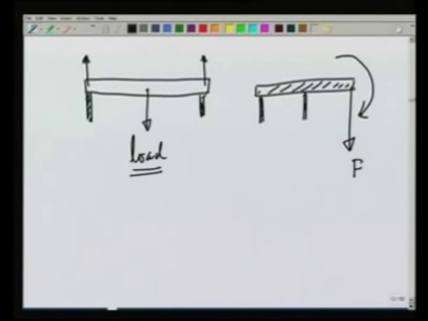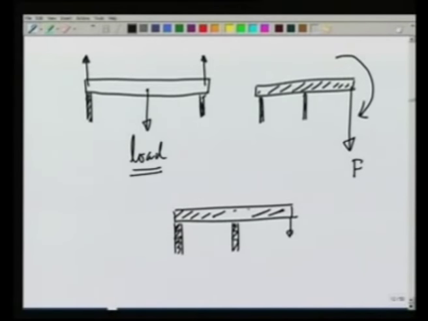Another effect the force can have, again looking at the same beam being supported by 2 pillars, is that if I apply a force here, it could bend like this. So, there are all sorts of things that a force can do besides just giving it a motion. It can make the body rotate or make it bend.